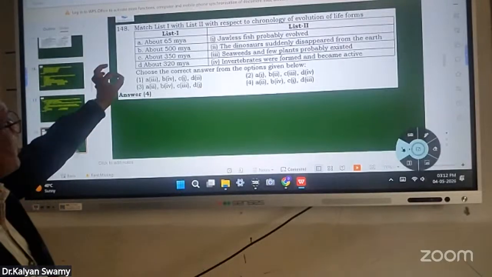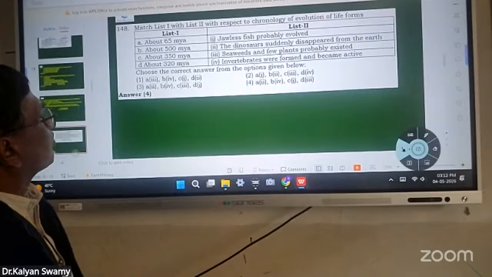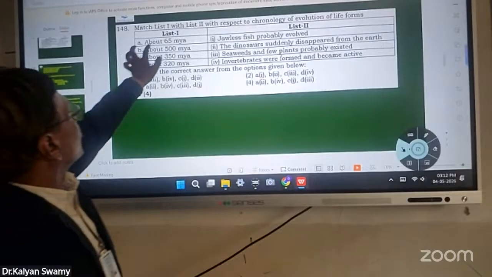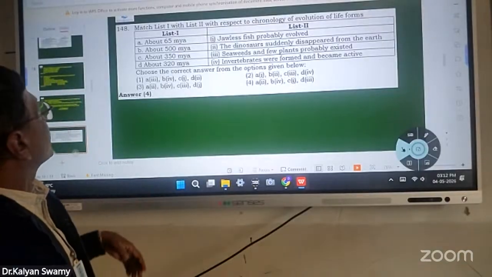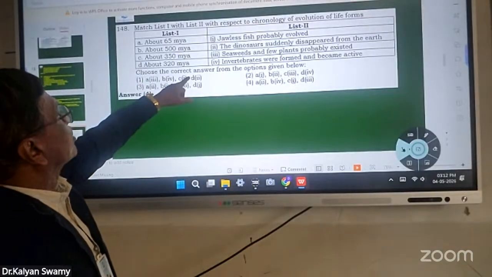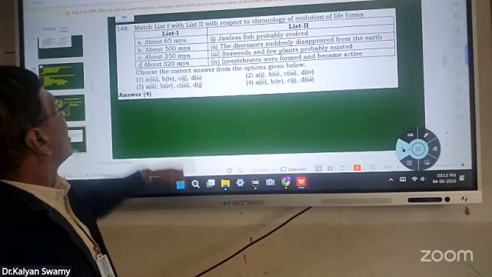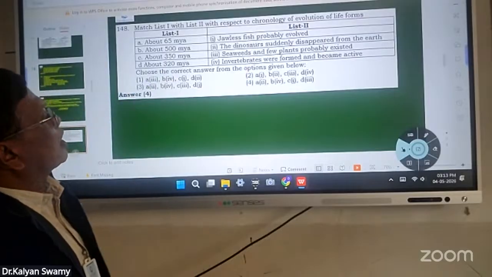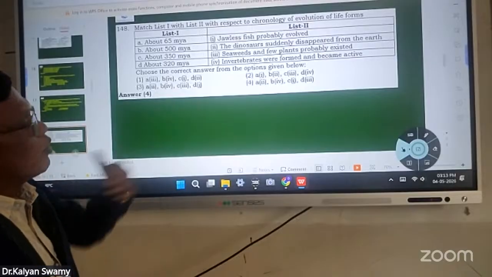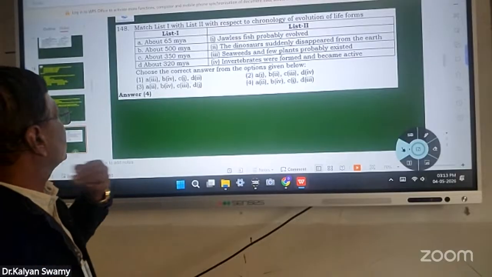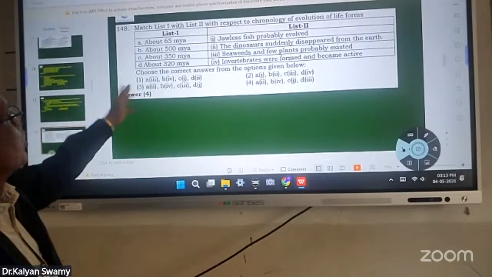Which is familiar to us, select that one first. About 65 million years ago, dinosaurs disappeared. About 350 million years ago, jawless fish probably evolved, these are cyclostomes. Arthropods, about 320.